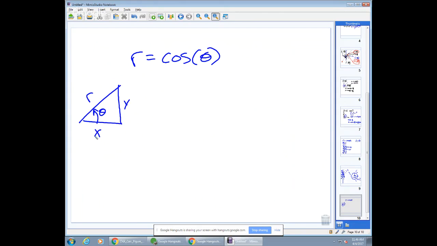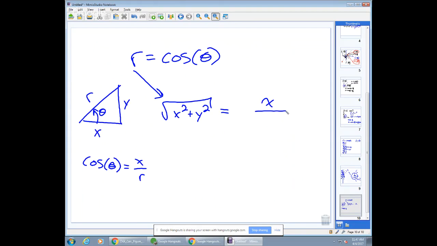And R is the square root of X squared plus Y squared, is it not? And isn't the cosine of theta equal to X over R? So if I have R on one side, on the other side, I could replace the cosine with X over R, couldn't I?